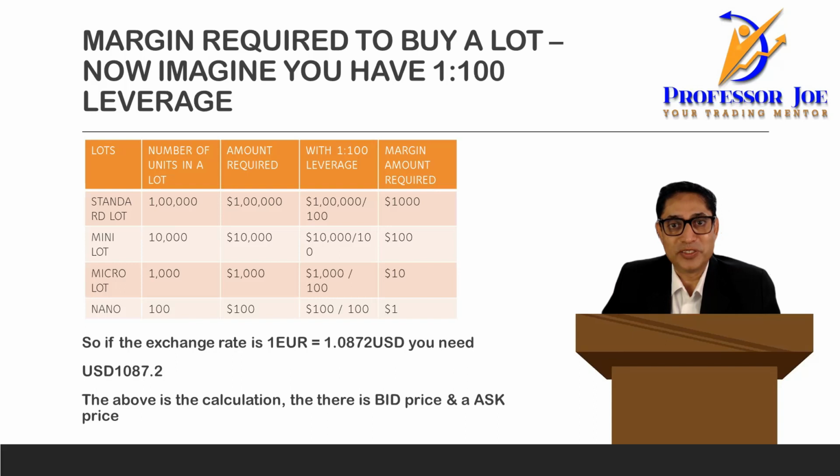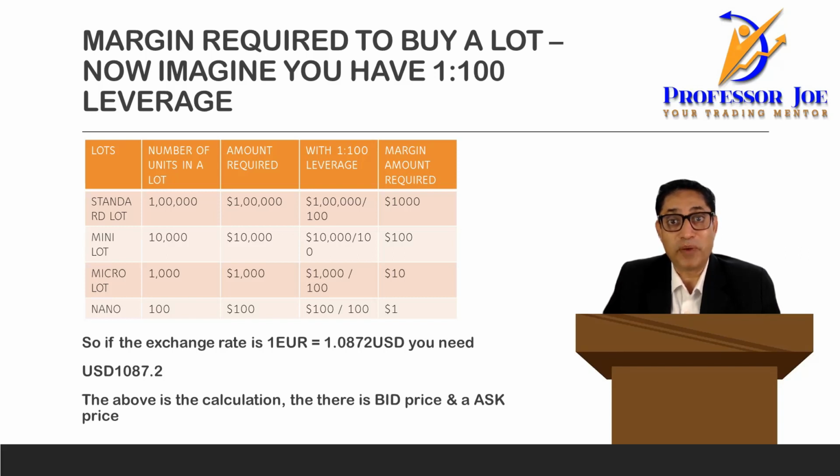Now over here, there is no spread. There is no ask price, no bid price. We have directly calculated. But if the brokers and the liquidity providers have to earn some money, they have given you a leverage, no? So they need to earn some money. So how do they earn the money? They earn the money by making sure that there is an ask price and a bid price.